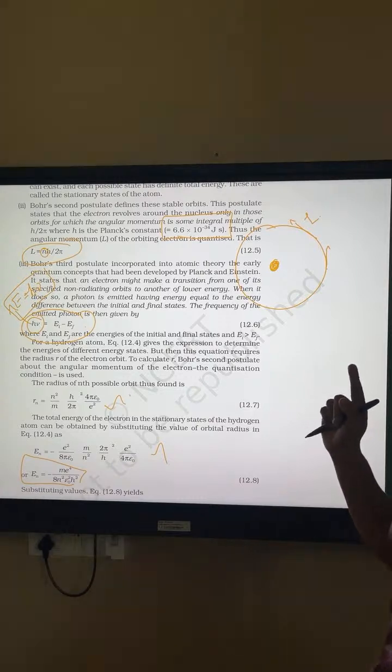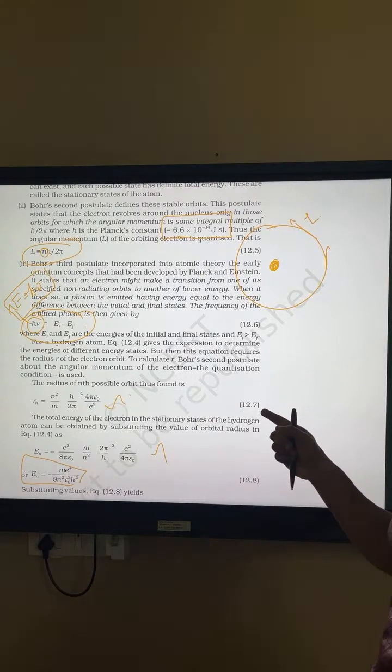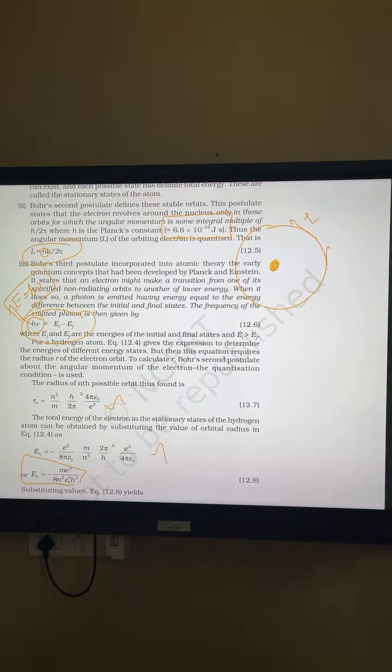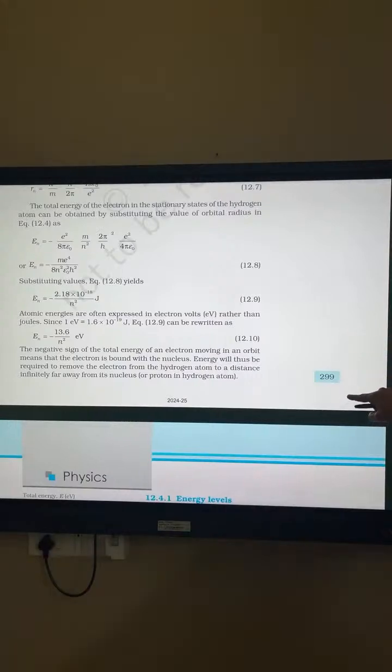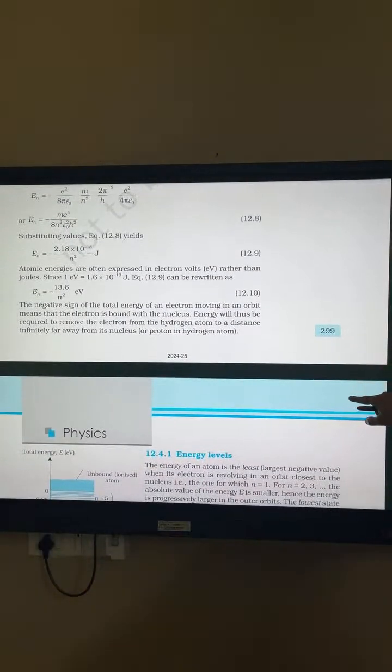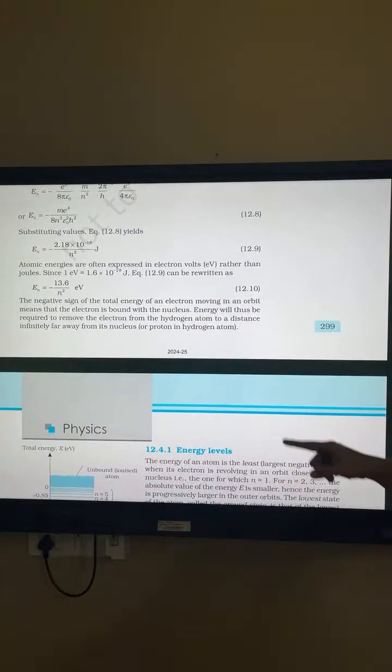We have learnt it for the hydrogen atom initially, right? So they have substituted all the values here and found the remaining.